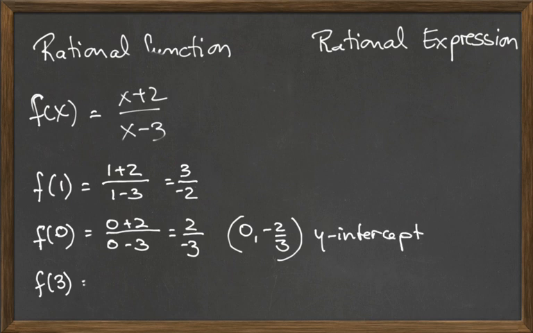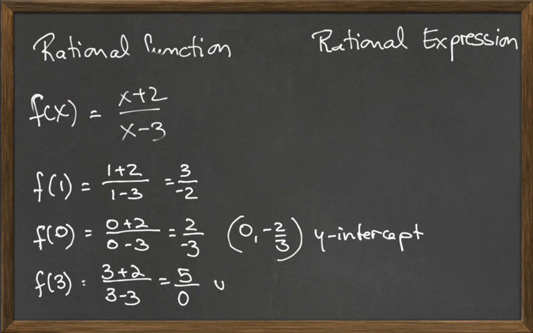What is f of 3? 3 plus 2 over 3 minus 3. 3 plus 2 is 5. 3 minus 3 is 0. 5 over 0 is considered to be what? Infinity? Nope. Well, sort of.